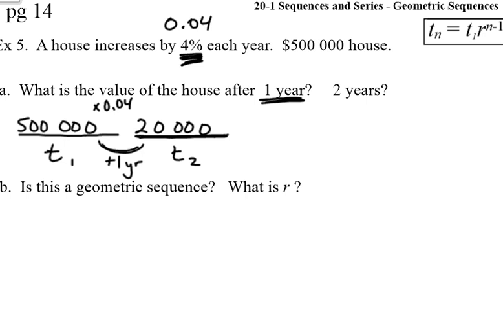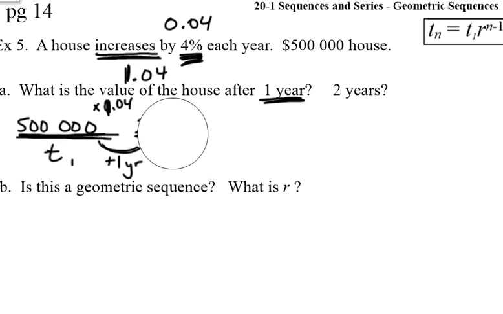That doesn't make sense. We have to be careful with these questions when it talks about increasing. We still need the initial $500,000 price of the house. So we need 1 to represent the initial value, but we're then increasing by 4%. So we have to multiply by 1.04, because that's saying, hey, we need the initial price of the house and the extra 4%.